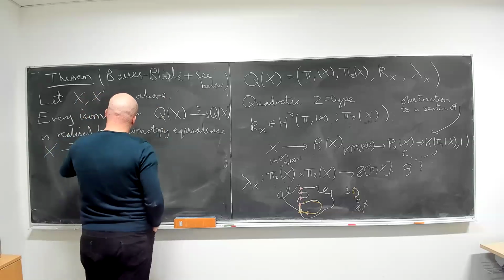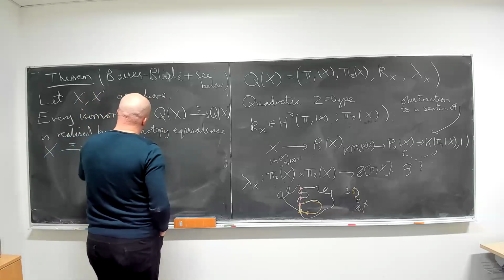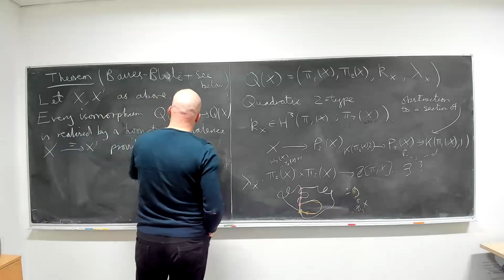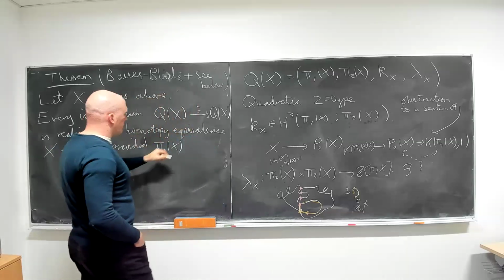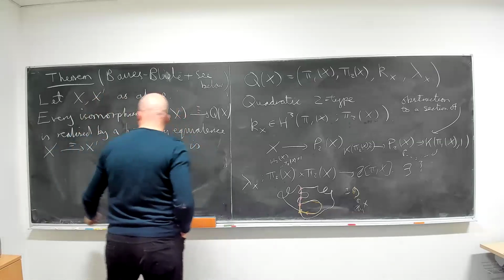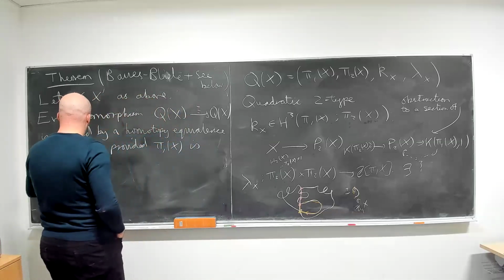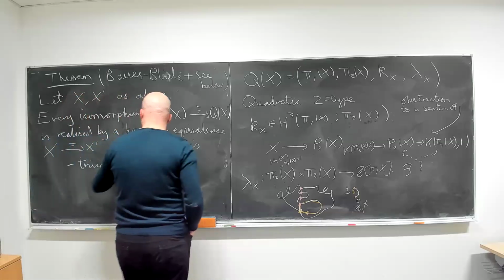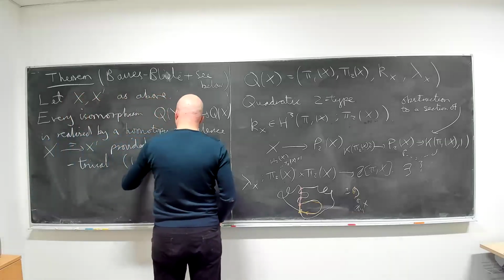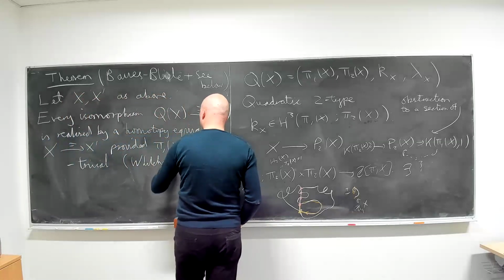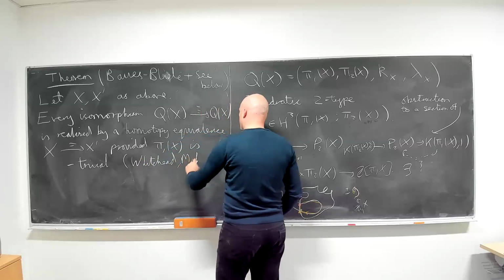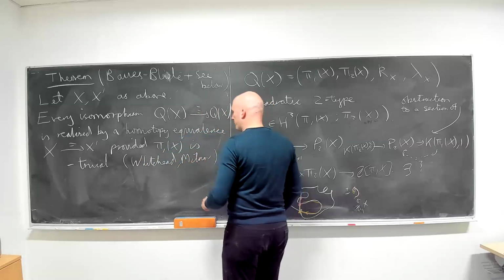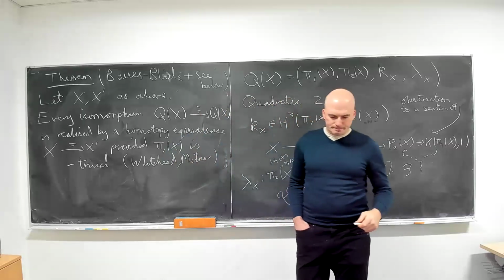This is only known for certain fundamental groups, provided pi1 of X is, well, first the trivial case. This goes back to Whitehead and Milnor from the 40s and 50s.